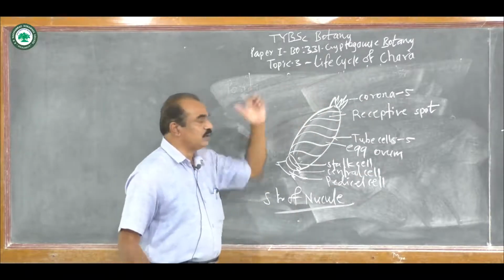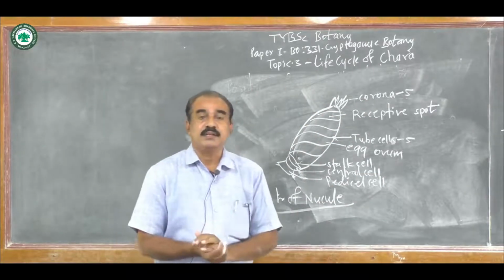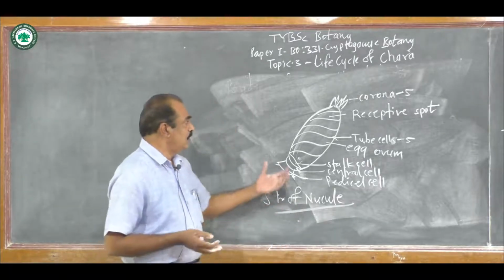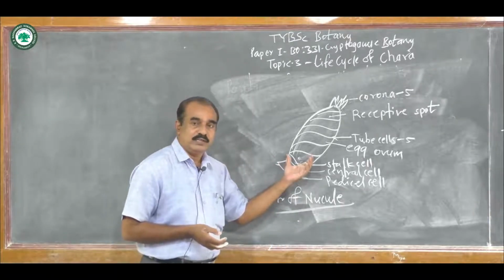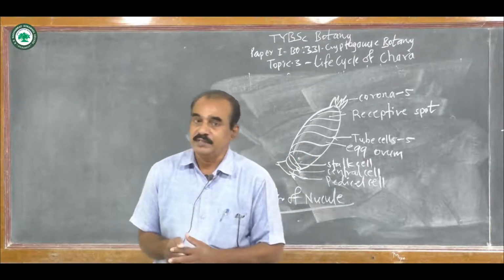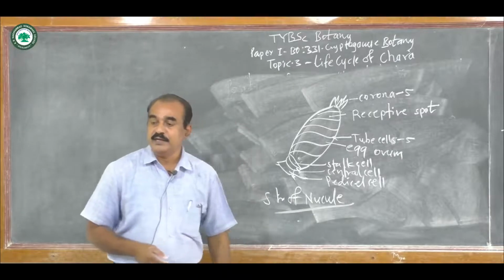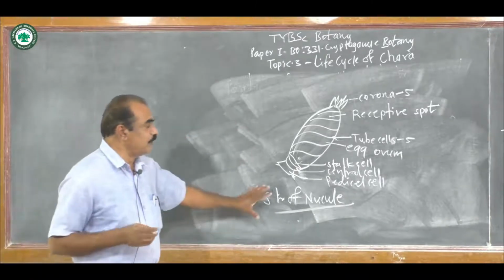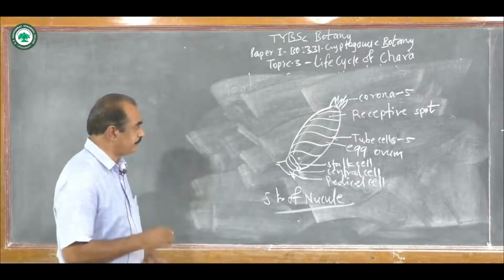Now just below the corona there is a colorless spot which is called the receptive spot. It is oblong or oval in shape, and its length is about 7 mm, and it is green or yellow in color. Now this is about the structure of the oogonia.